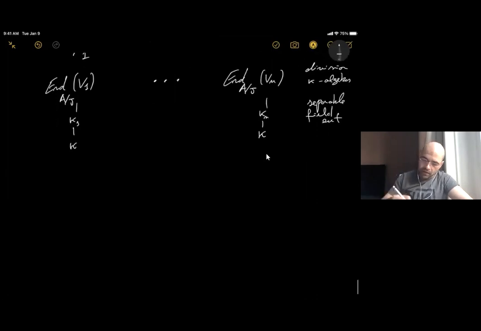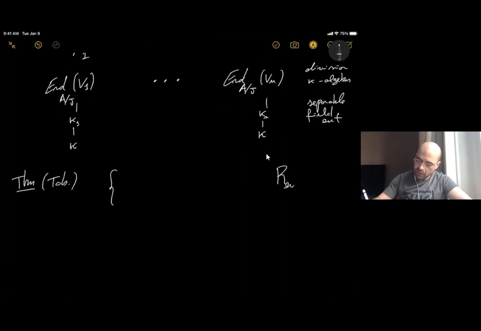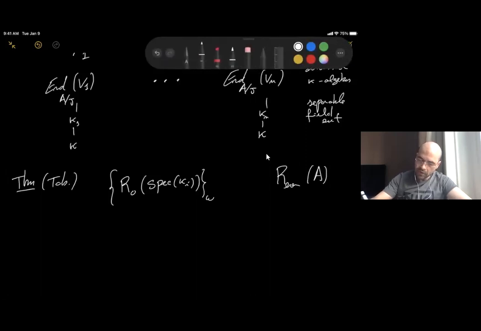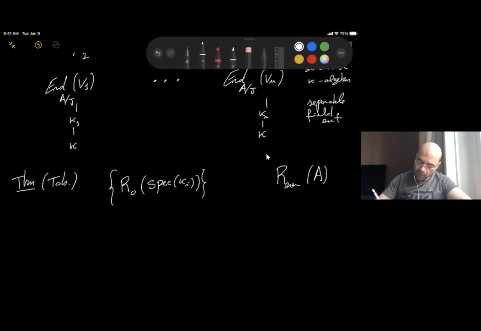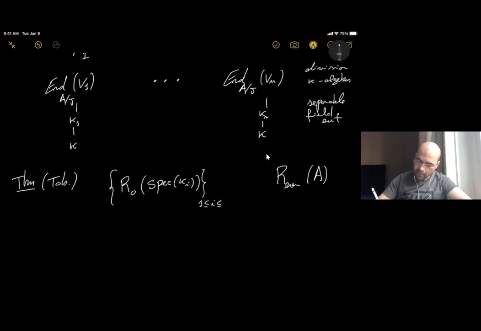And then the result is the following: if I'm interested in proving this conjecture for my original algebra, it actually follows from these conjectures for the Spec of each one of these separable field extensions, where I'm going from 1 to n.